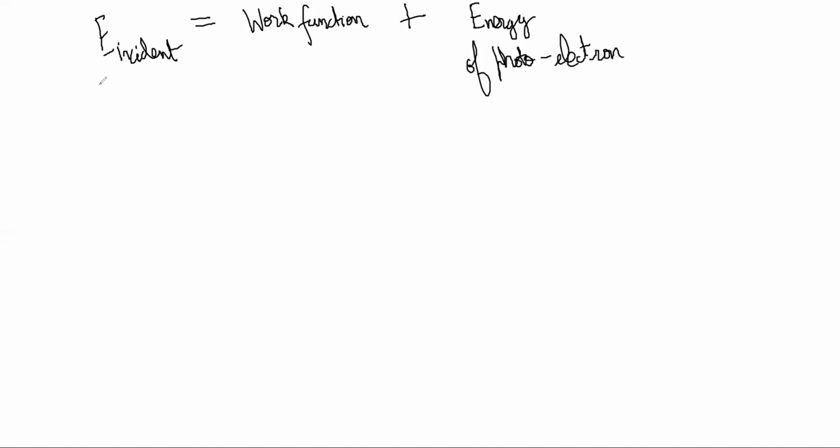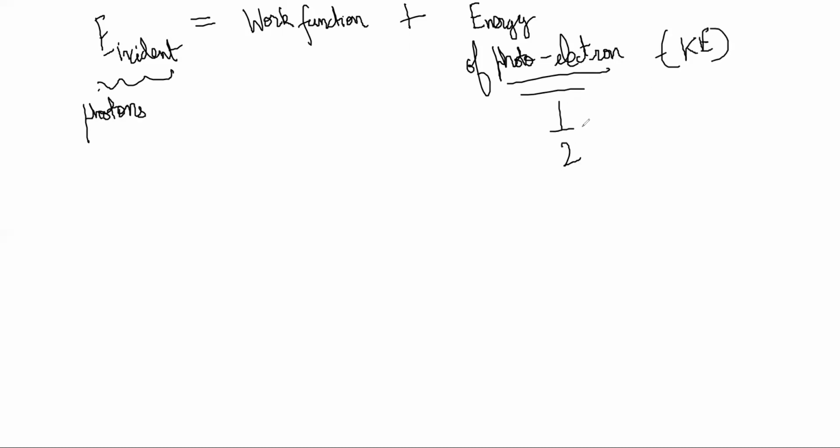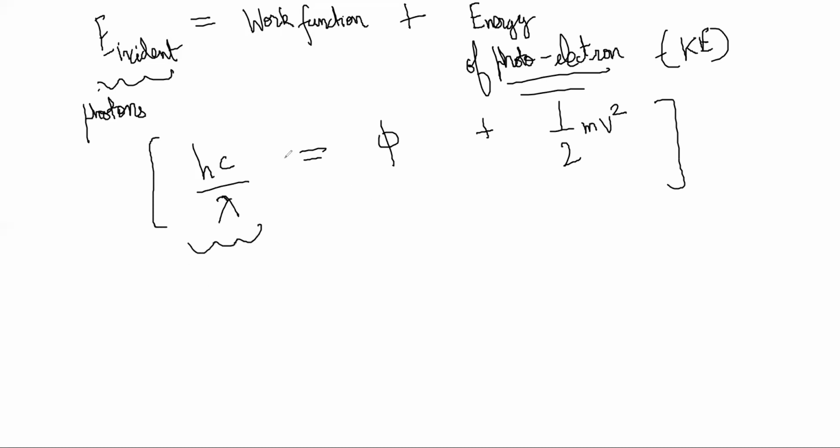This is the incident energy, photons, and this is the photoelectron's kinetic energy. So half mv square that comes out plus work function should be equal to hc by lambda. This is the defining equation of the photoelectric effect. This hc by lambda is the incident energy. This is balancing energies, the energy conservation principle.